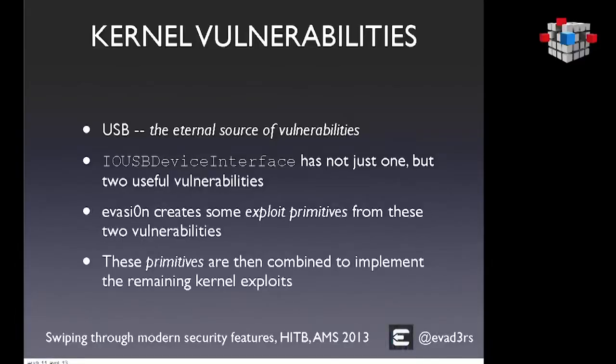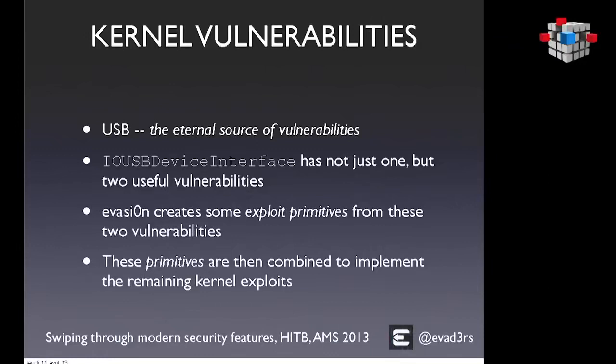The core vulnerability that we're using is a USB vulnerability. It's the eternal source of problems for Apple and for a lot of other devices too. Specifically, we're using this I/O USB device interface, which is part of an API for an application to make use of USB on an iOS device, or on a desktop.